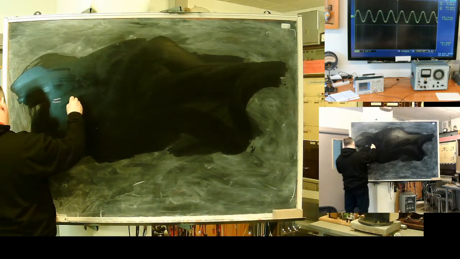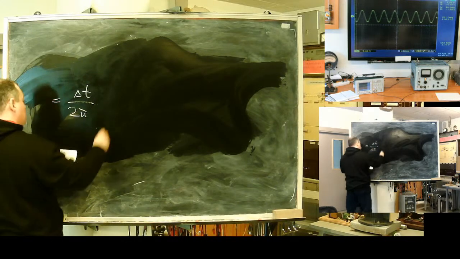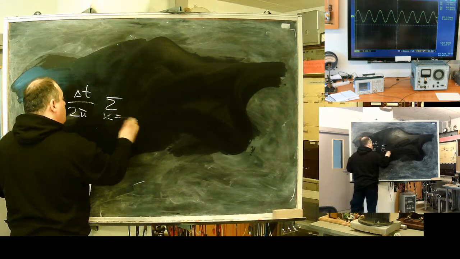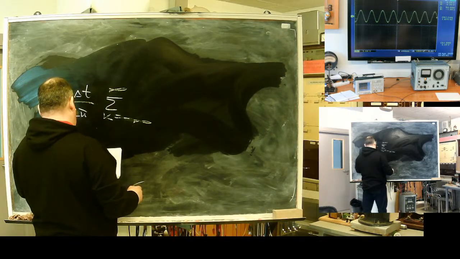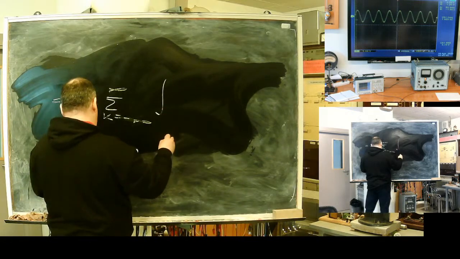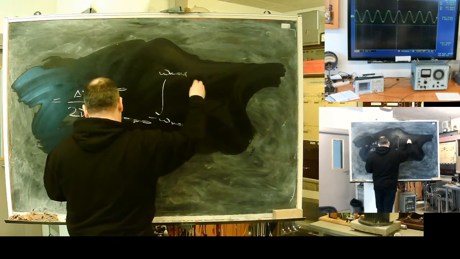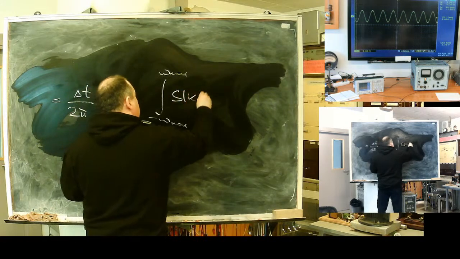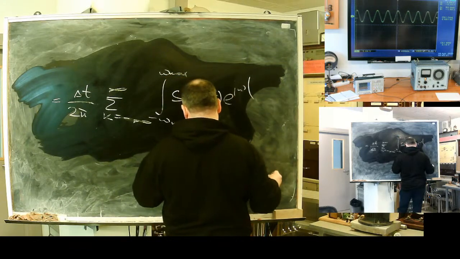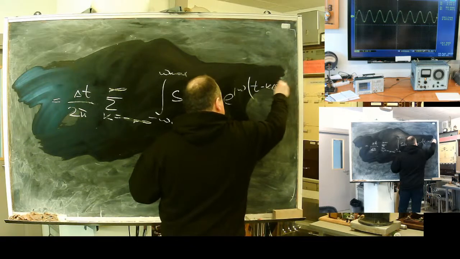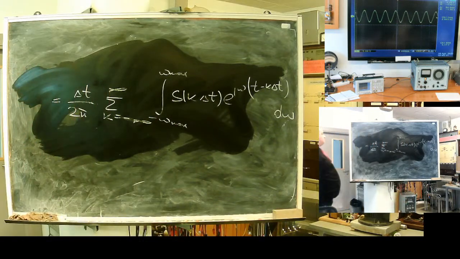So it will be delta t divided by 2 pi, sum over k from minus infinity to infinity of integrals from minus omega max to omega max, signal represented as a sample, e power j omega (t minus k delta t) d omega. Nice.